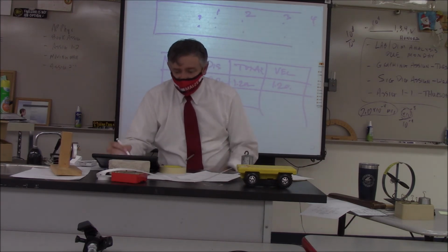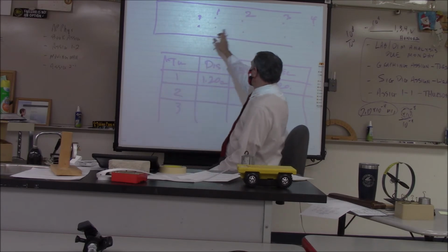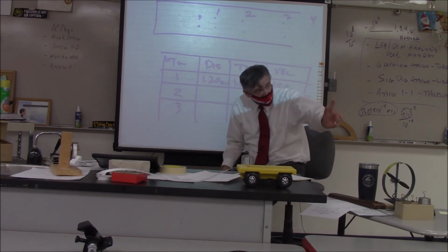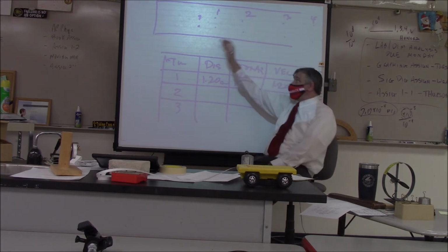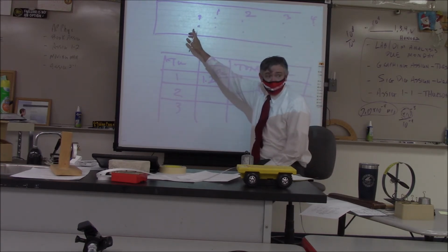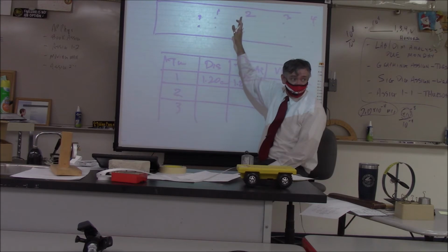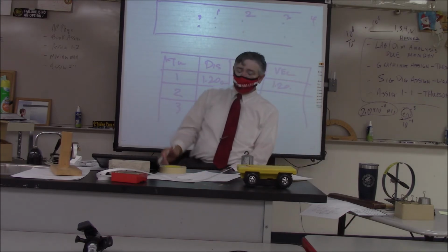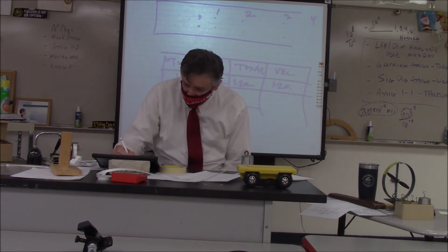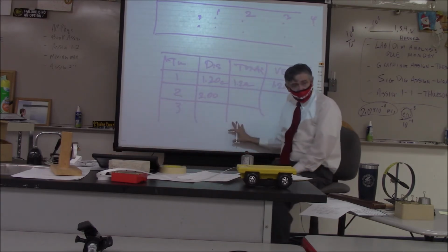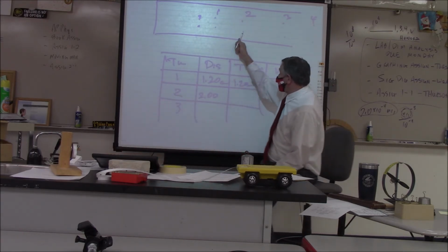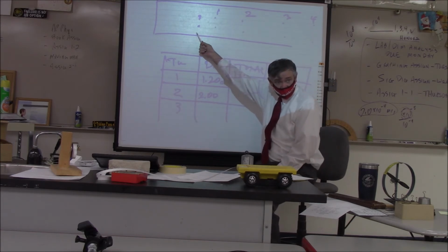Now, let's say in the second one, you're going to go a little bit further. When you measure the second one, you're going to go from this set of dots to here. Don't measure all the way back from the beginning. It's from this set of dots to this set of dots. Let's say that that's 2.00. Now, this total is going to be like a running total, because this is how far I've gone from that first set of marks.